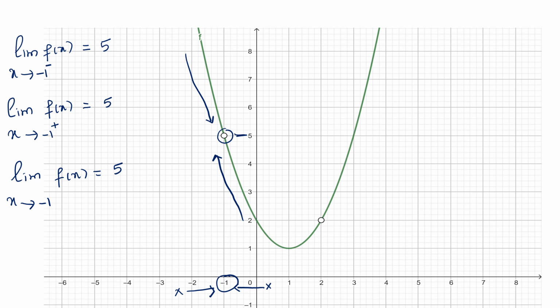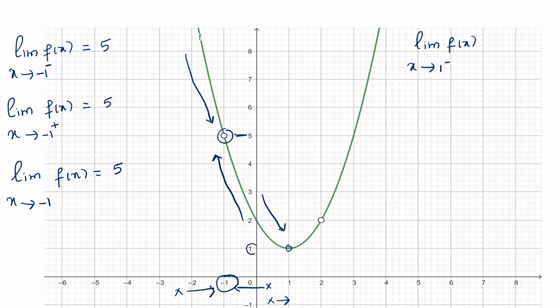Same idea. What is the limit of f of x when x tends to 1 minus? So x is 1 here. This is the corresponding point. Suppose here x tends to 1 from the left side. So f of x tends to this point.